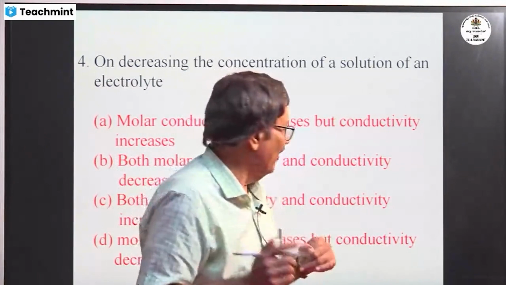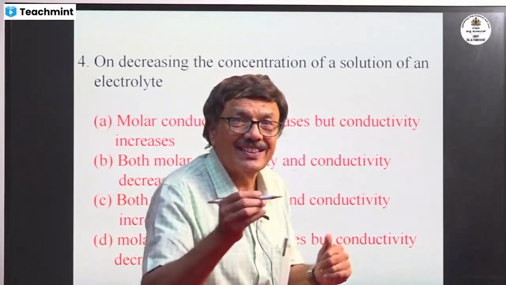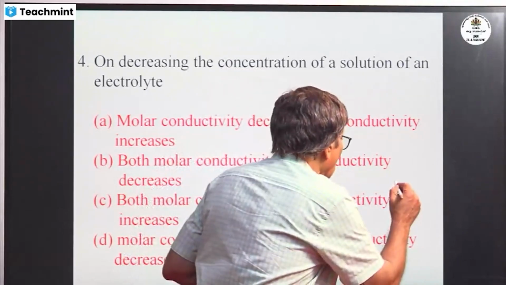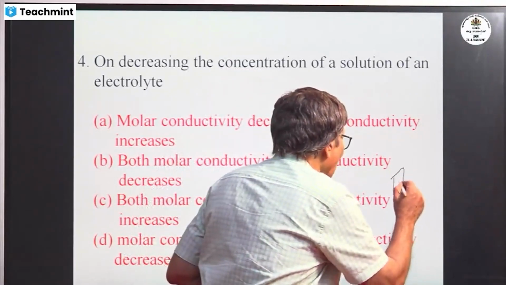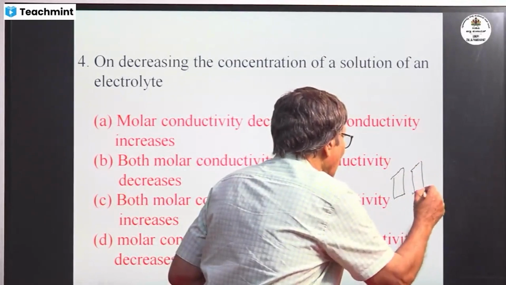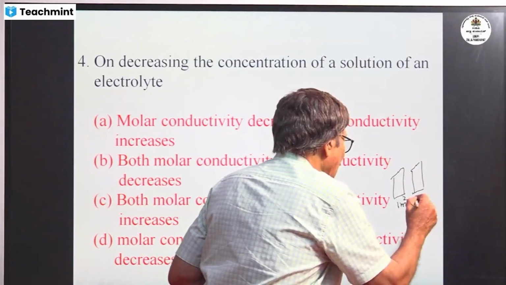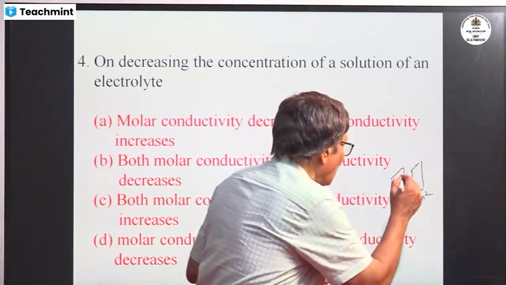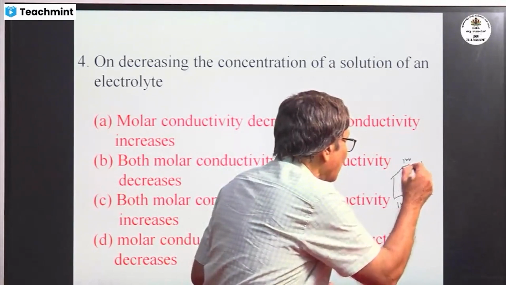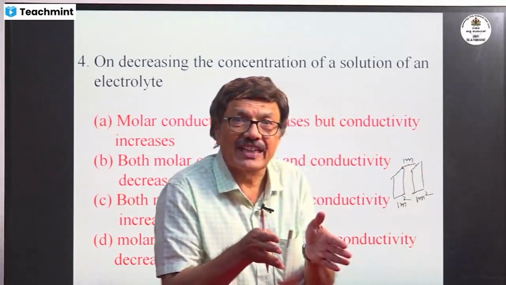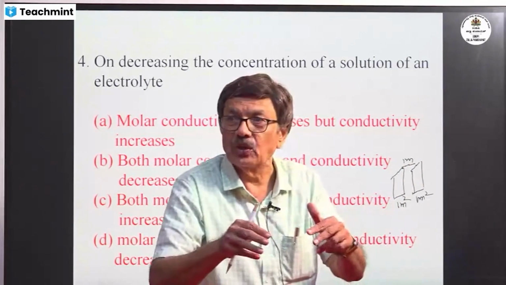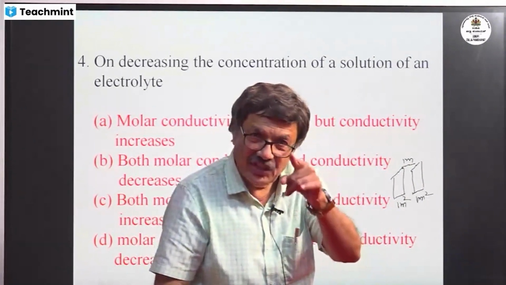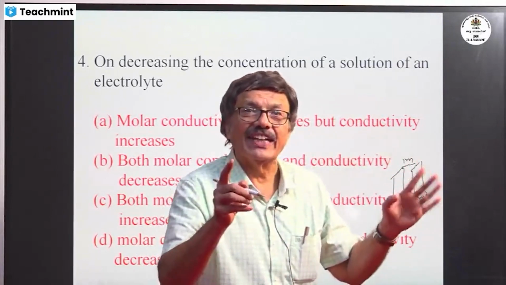Conductivity, how we can define it: if you place a solution of an electrolyte between two electrodes, each of 1 meter square area, separated by a distance of 1 meter, and enclose that gap between the two electrodes by the solution, then the conductance it shows is called conductivity.